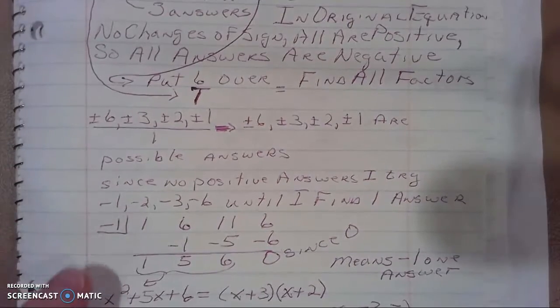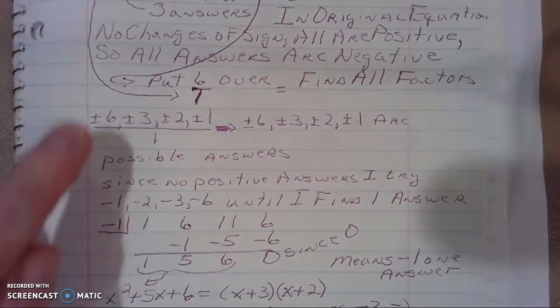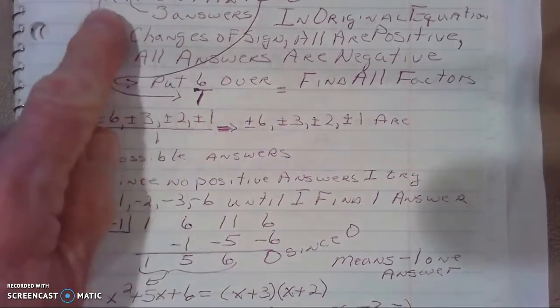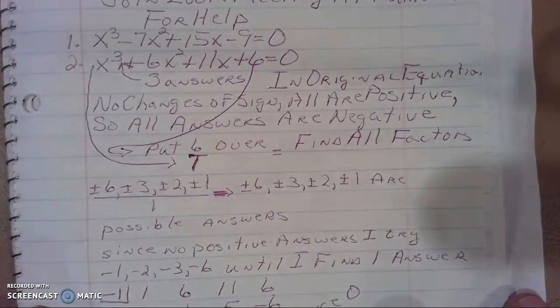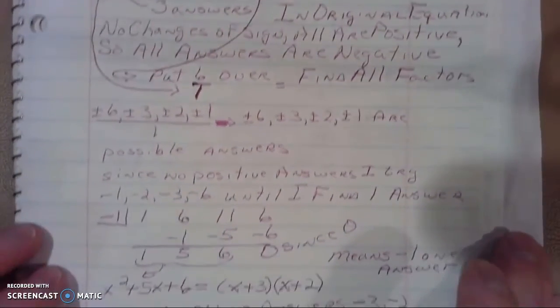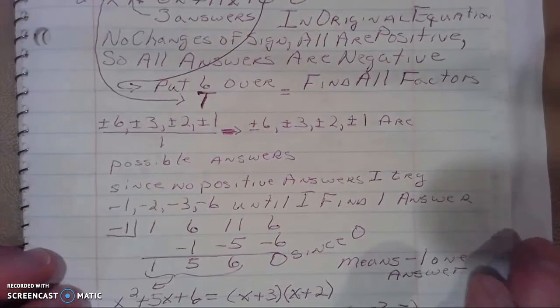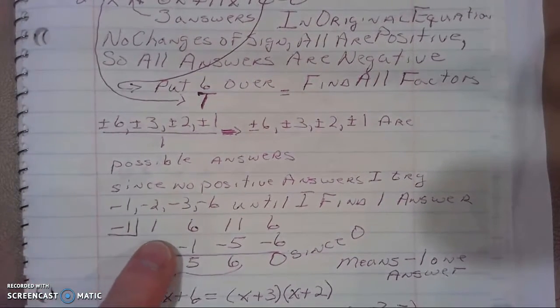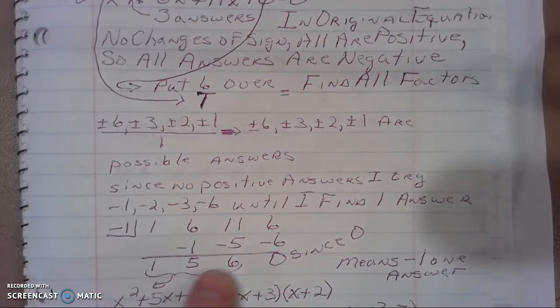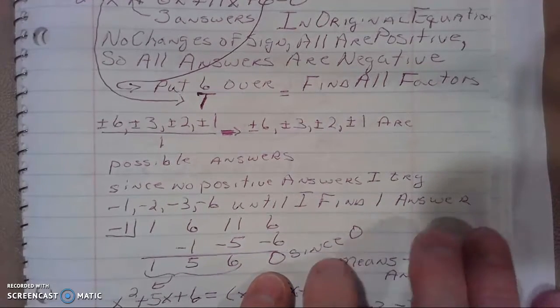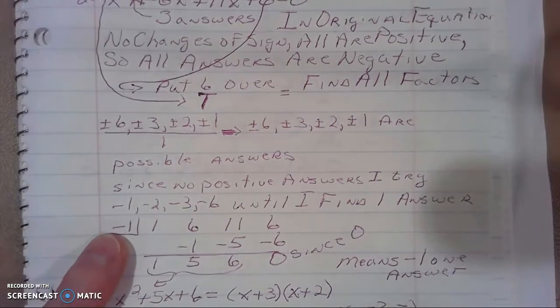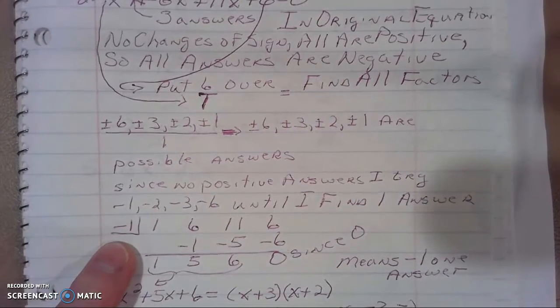How do we try them? We put them in synthetic division into the numbers from here, 1, 6, 11, and 6. So I'm going to start off with -1 on 1, 6, 11, and 6. I work synthetic division, and if it comes out to 0, that means it worked. So -1 is my first answer.